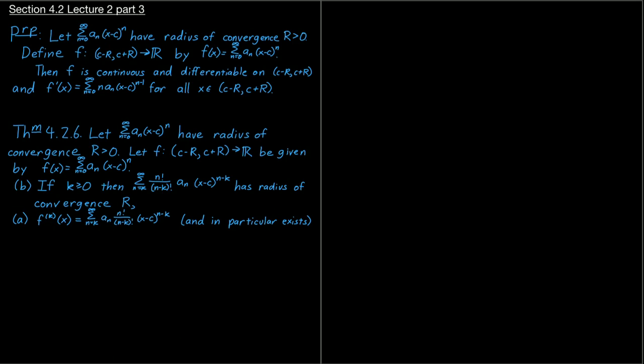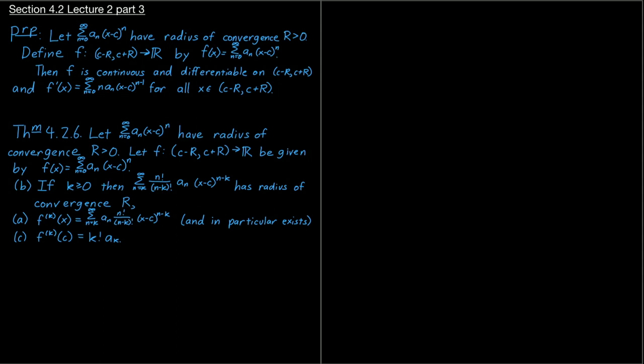And then part C is that the kth derivative of f at the point c is equal to k factorial times a sub k. And the proof is just an induction argument applied to the proposition we just did.